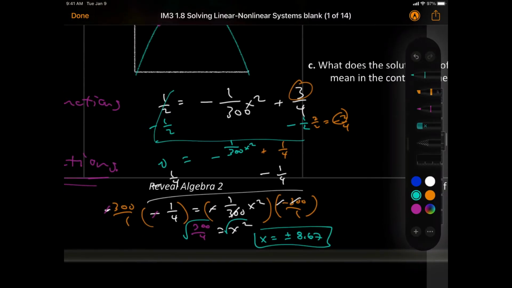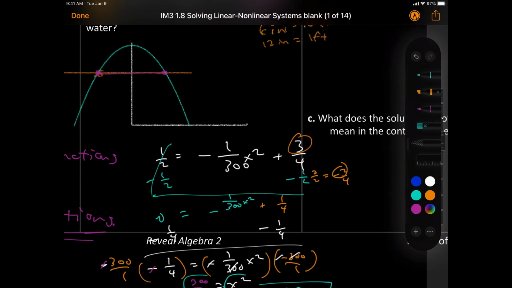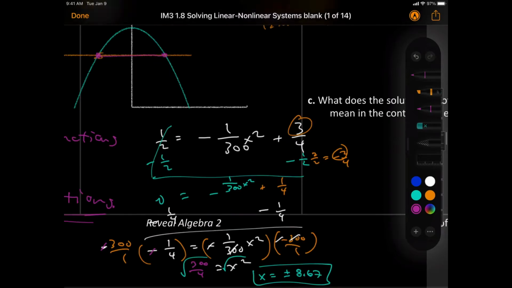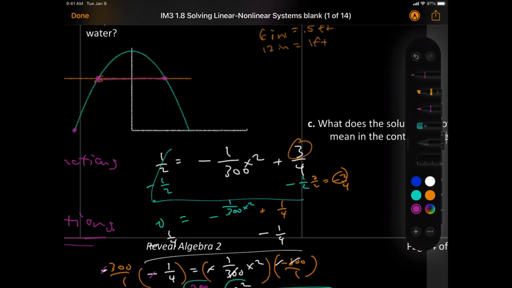Okay, so that means do some magic here. Good. Why did I move it is because this number is negative 8.67 and this one is positive 8.67.